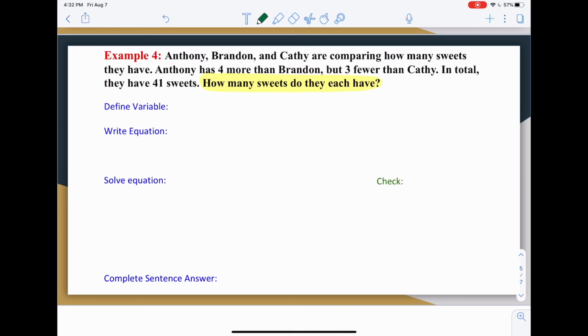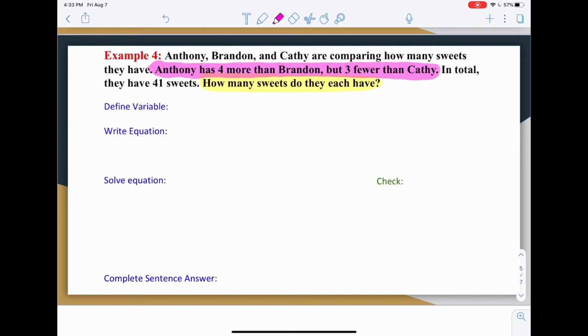Let's define our variable. Before we start, we need to decide who is going to be the x: Anthony or Brandon or Kathy. When you look at this information one more time, there is one main person that we can call x, and then the other ones will be built on his or her information. Anthony has 4 more than Brandon.